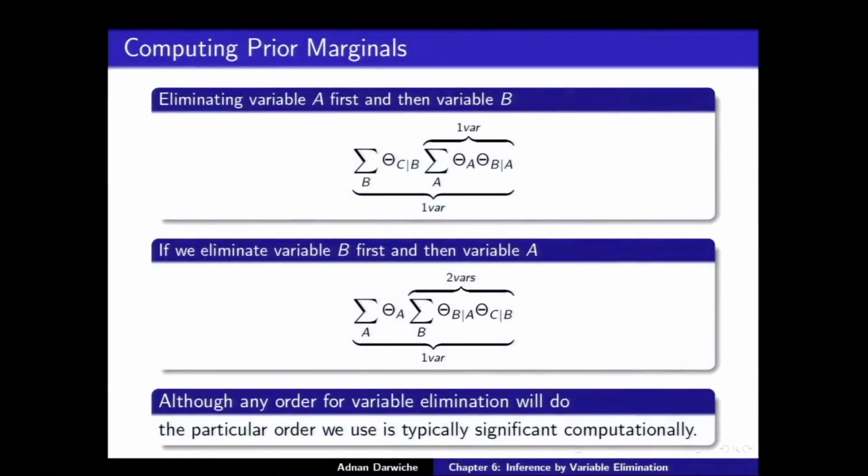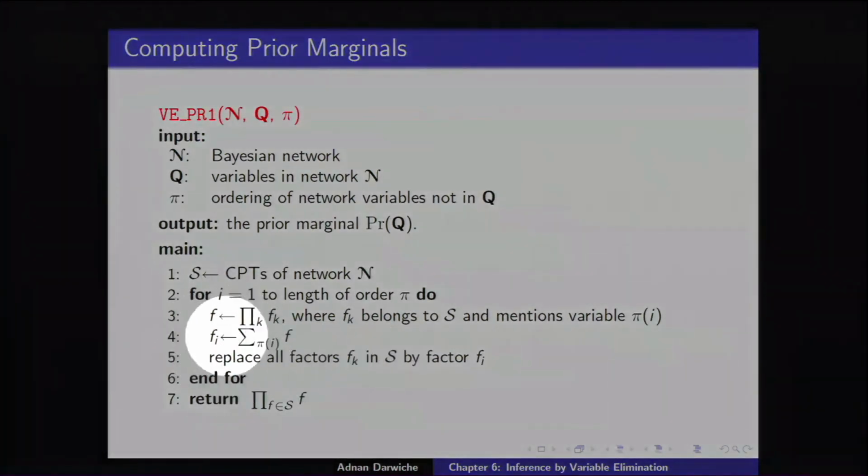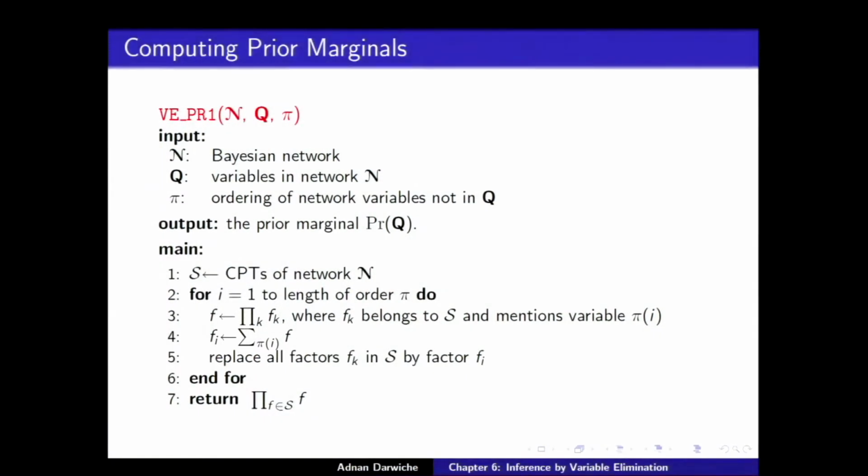So, in this case, the largest factor I had to construct in the process is over 2 variables, not 1. So if I'm telling you, keep track of the largest factor you constructed on line 4, one of them will be 1 and the other will be 2. That's the guy we're going to keep track of.